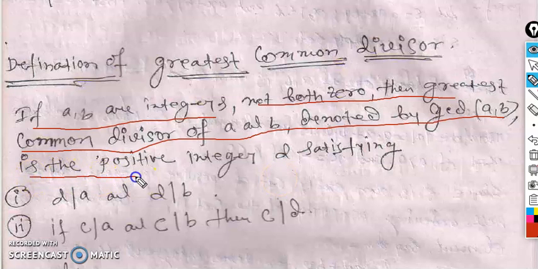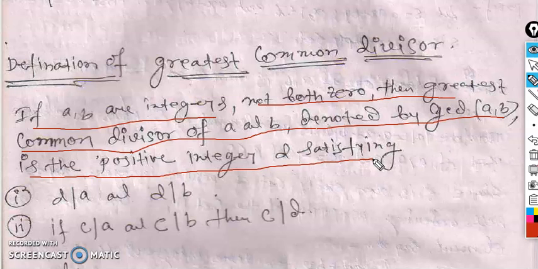When you take a class on the greatest common divisor, it's very interesting. I have already mentioned that it's a class 9, 10, 11, 12 idea, but still most of the students get the wrong answer because they do not have the proper definition of the greatest common divisor.